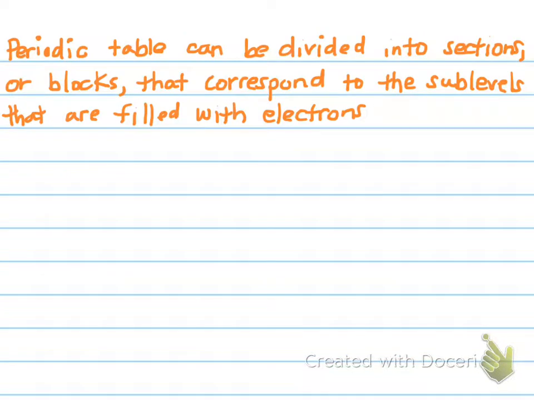So the periodic table can be divided into sections or blocks that correspond to the sublevels that are filled with electrons. We've talked about this multiple times already, right?